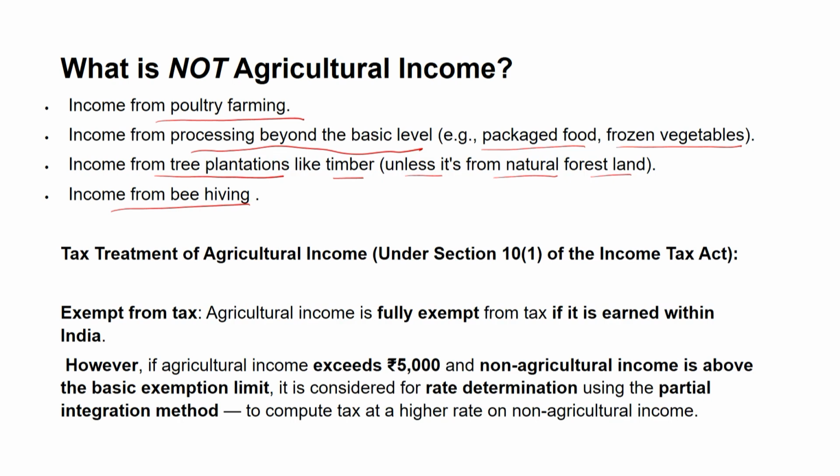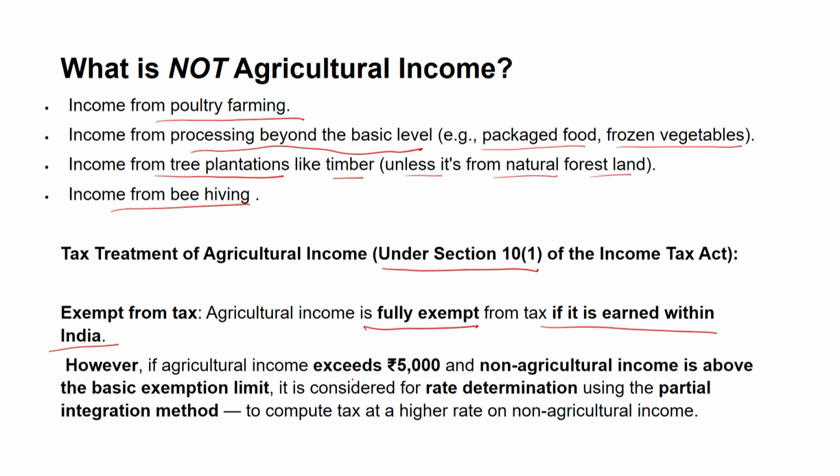So the tax treatment for agricultural income in the Act under section 10(1) is that it is fully exempted if it is earned within the country's border, that is, in India.